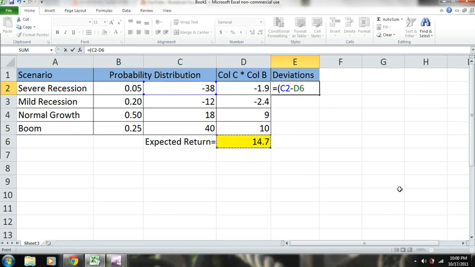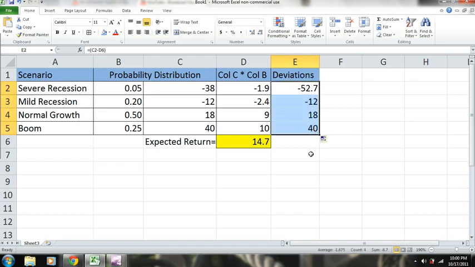Minus. Okay, and now just drag that down. And there. But we're definitely not done yet. We're ultimately going to calculate the standard deviation, but there are steps involved to calculate that. As you can see right here, we've gotten the deviations, but there's a problem. It's these negative numbers right here. We couldn't just add these up and know what the volatility of this investment is, because these negative numbers and these positive numbers offset each other.